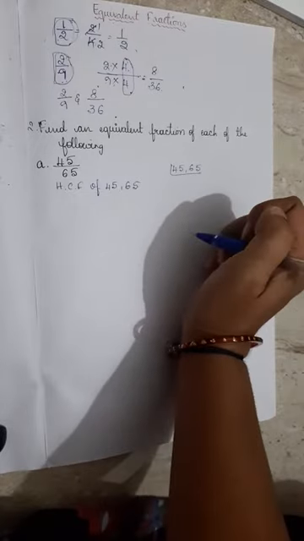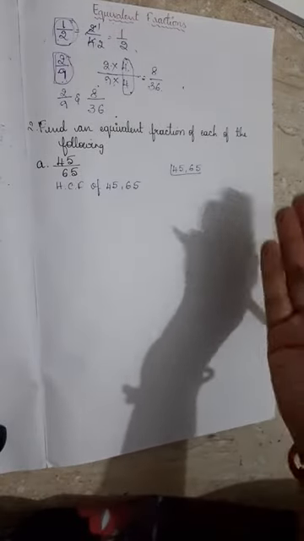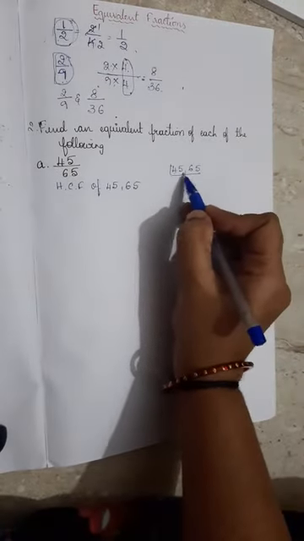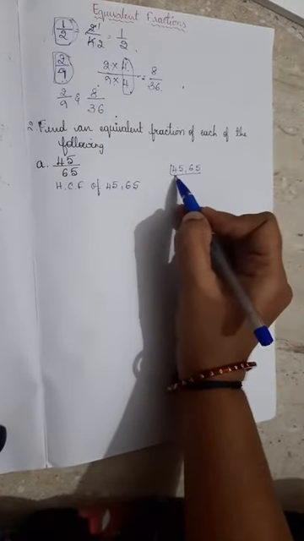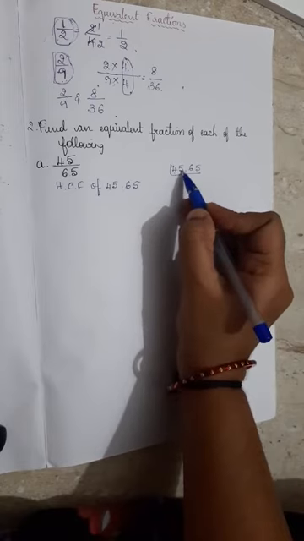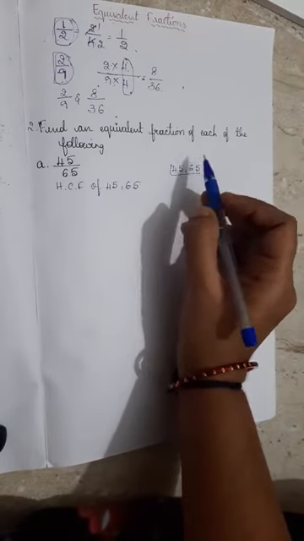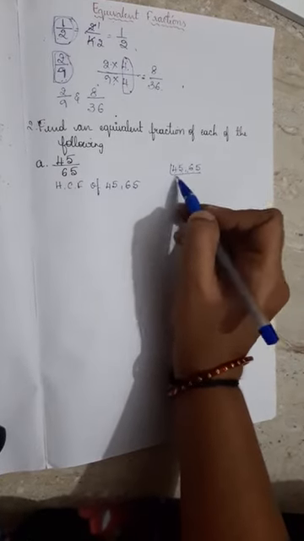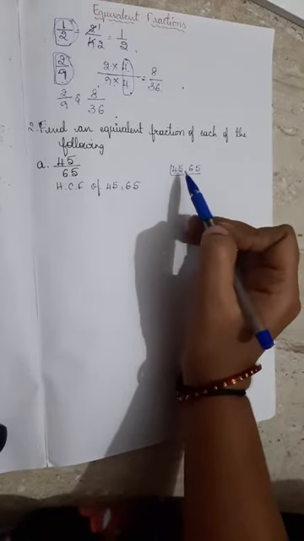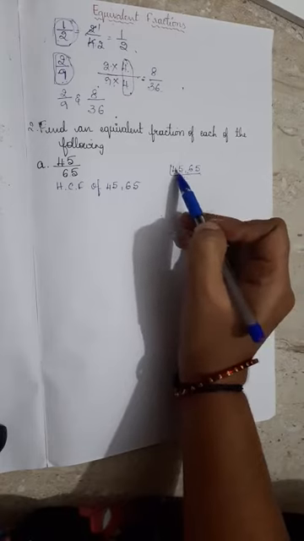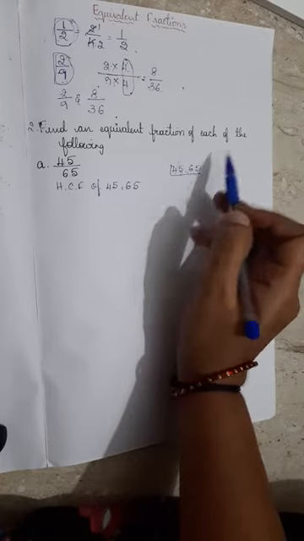You can do it by any method, prime factorization or division method. I'm doing it in the long division method. So these two numbers go in which tables? It does not go in 2 as it has 5 in the ones place. You already learned this in divisibility rules. That's why the divisibility rules are there, so that it will be easier for you. 3, no. 4, no. 5, as they have 5 in the ones place, it goes in the 5 tables.